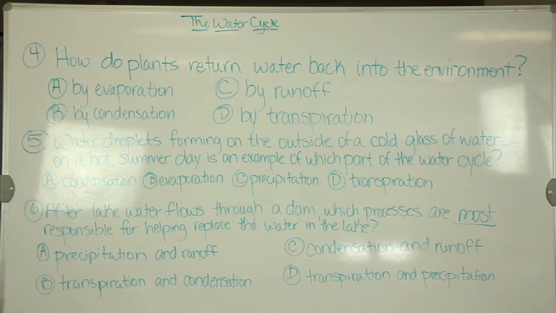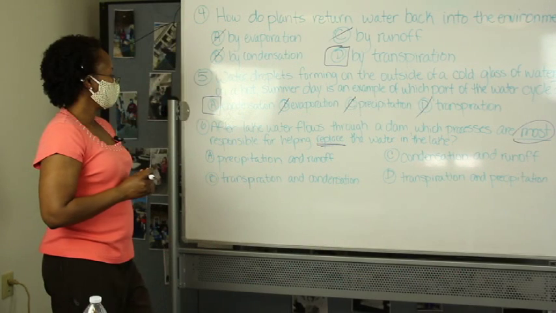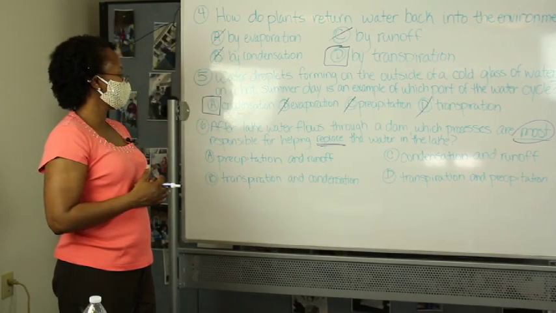After lake water flows through a dam, which processes are most responsible for helping return water to the lake or replace water in the lake? So just think about your water cycle and how water is replaced in the lake.